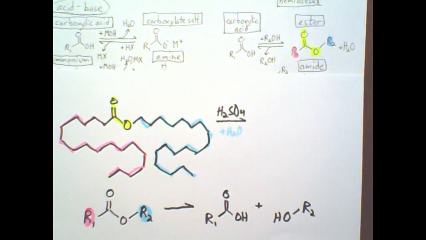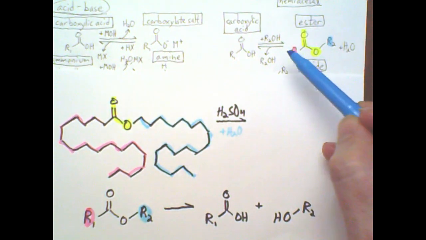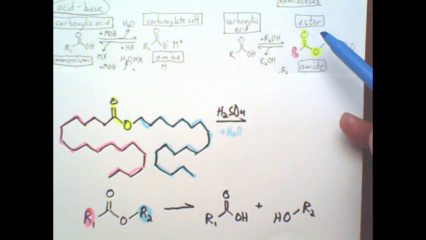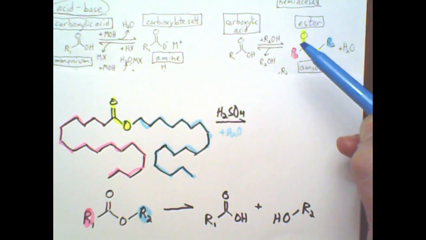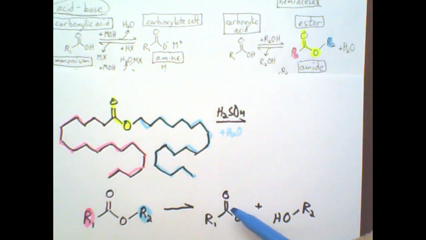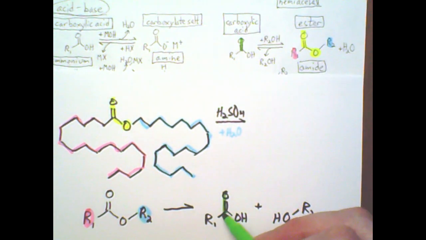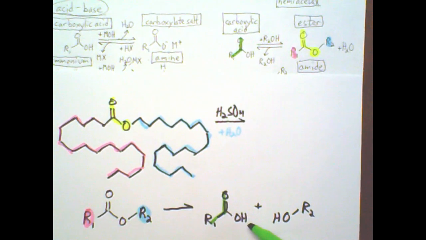Now I can focus in on just the part that's reacting. And I go up here, and this part that reacts splits up. A carbonyl goes with R1, and that's what I've done here. And then I add an OH to it, like I've done here.